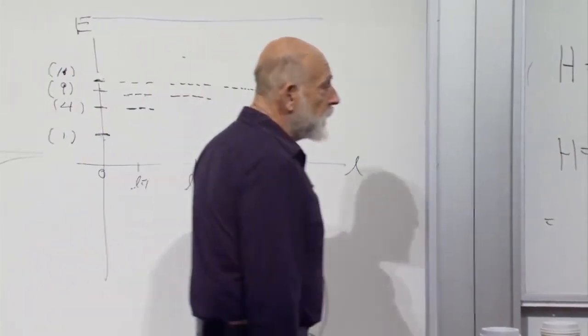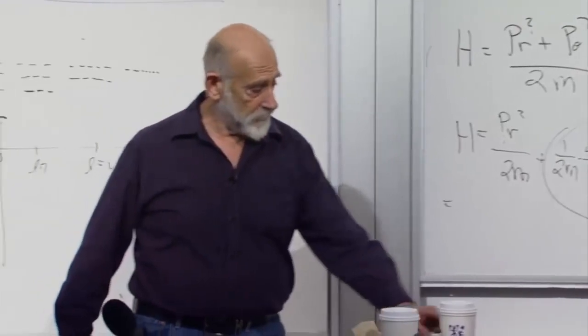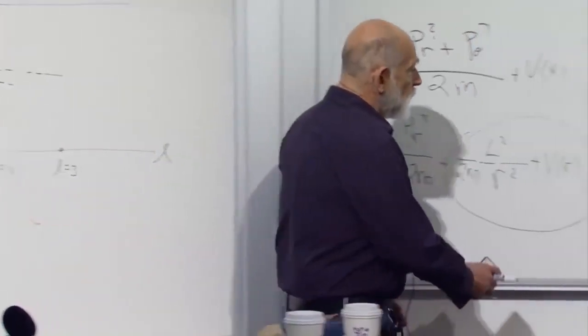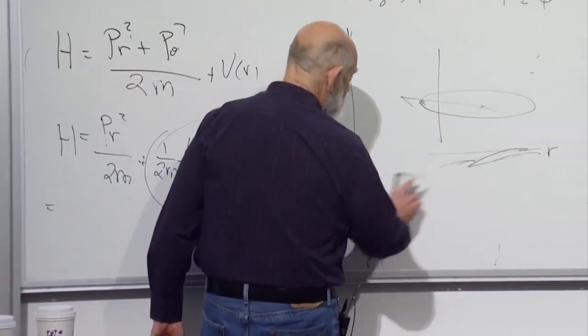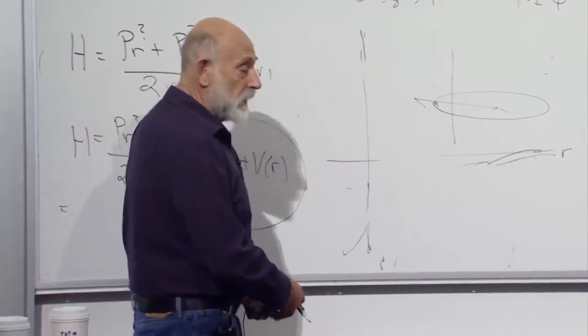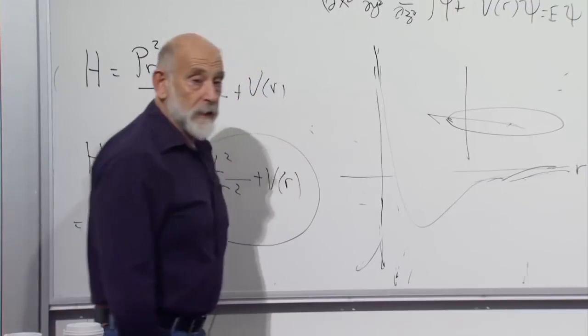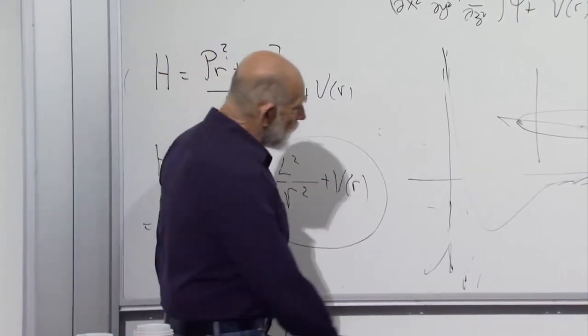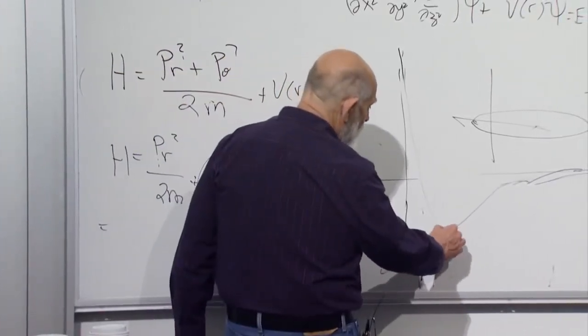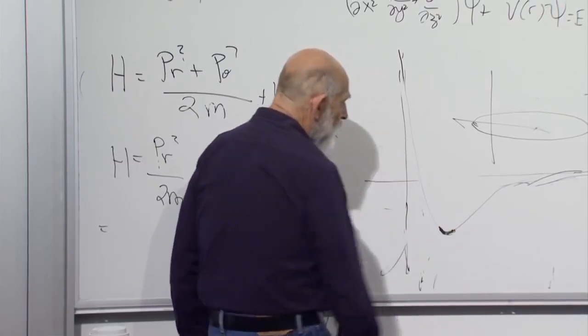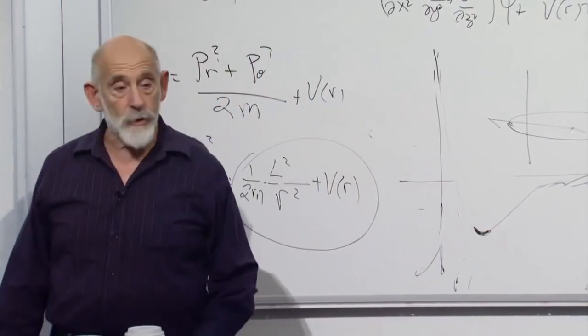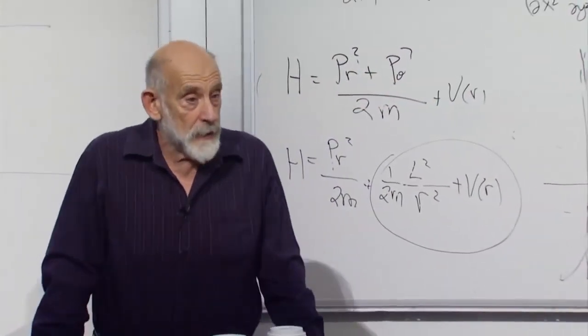For example, not L equals 0, but go to the higher angular momentum states. In the higher angular momentum states, the potential looks like this. And there are orbits which oscillate back and forth at the bottom here. And the simplest approximation to those orbits is to treat them as a harmonic oscillator.